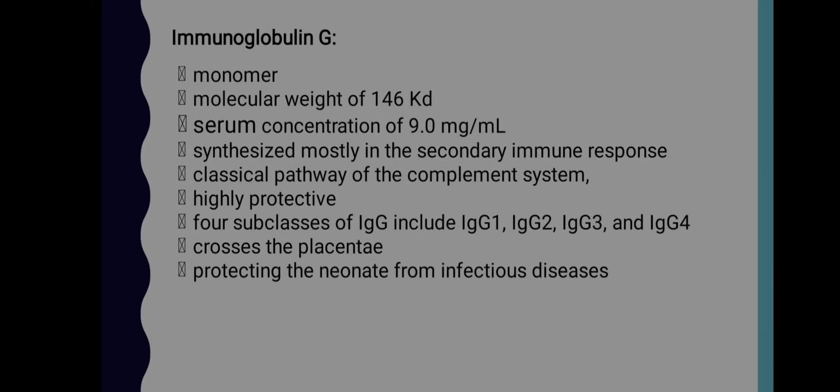Synthesized mostly in the secondary immune response. It activates the classical pathway of the complement system, is highly protective, and has four subclasses: IgG1, IgG2, IgG3, and IgG4. It also crosses the placental barrier and enters the fetus and protects it from infectious disease.